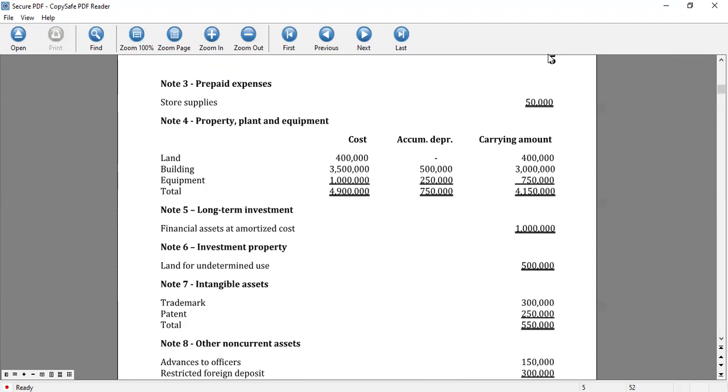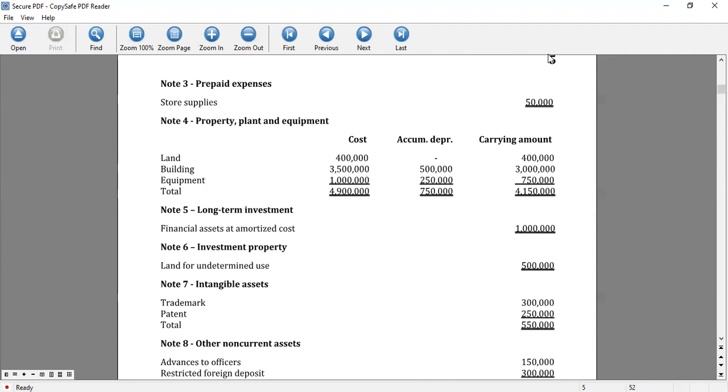Note number 7 is intangible assets, and the intangible assets include trademark of 300,000 and patent of 250,000. The total intangible assets is 550,000.